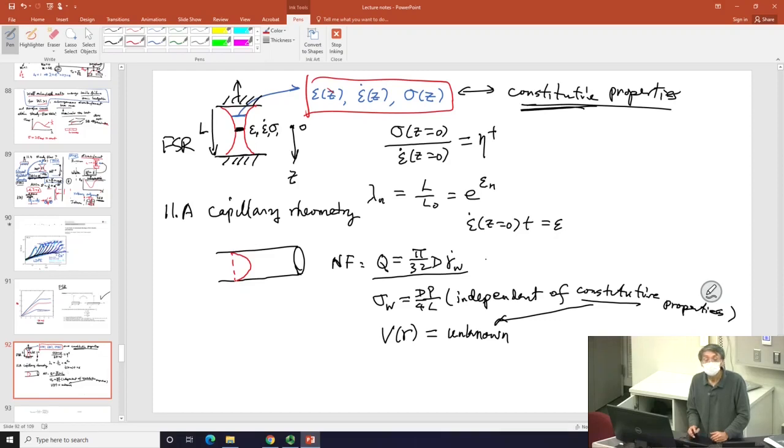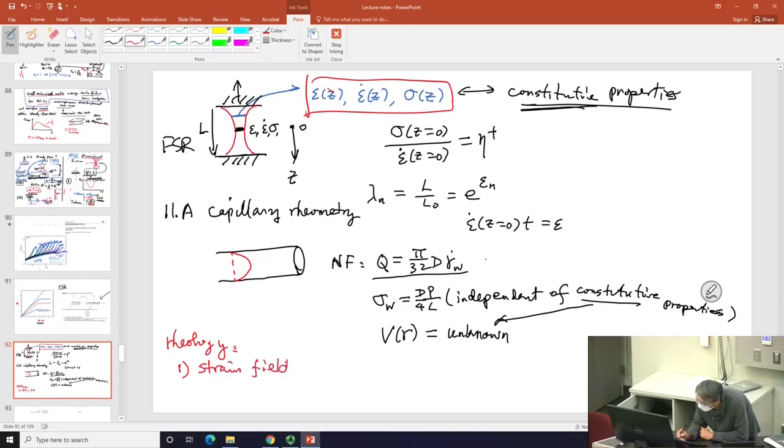Now, I want to inject one comment about the mission of rheology, which I'm just repeating, actually. The mission of rheology, as you know, is to study the deformation of materials. And classically or conventionally, this is done in just one way, but basically you need to specify the strain field.